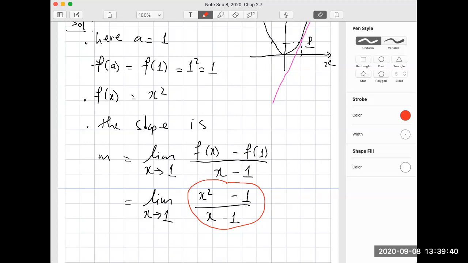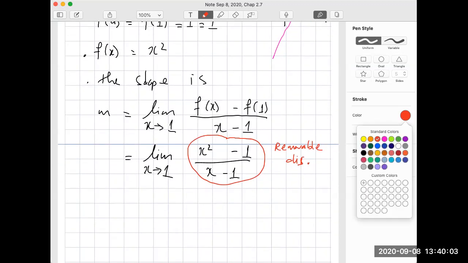It has a removable discontinuity. If we put 1 here, it will be 0 over 0, which is not defined. It means we cannot evaluate this directly to get the limit. Therefore, we need to simplify it.